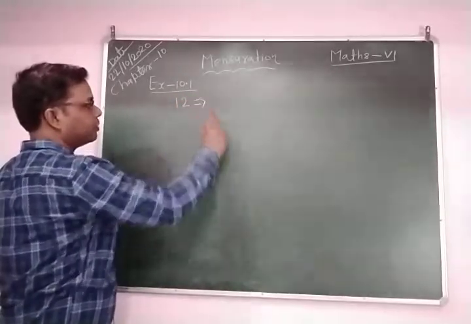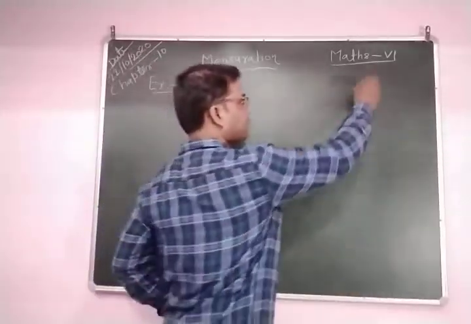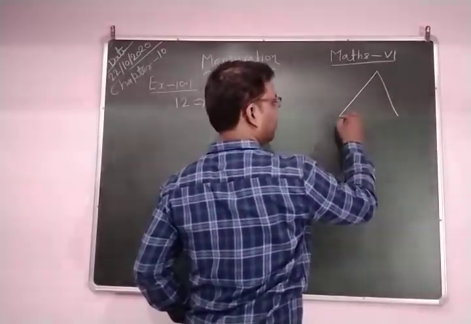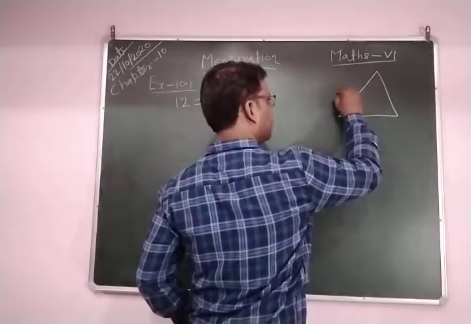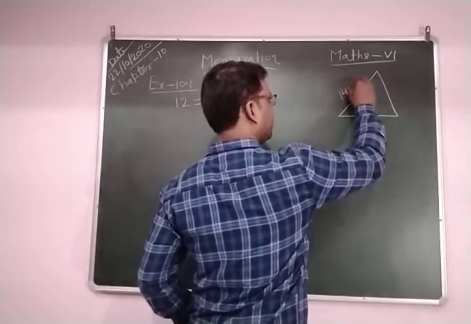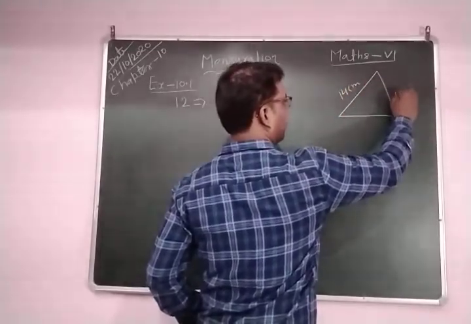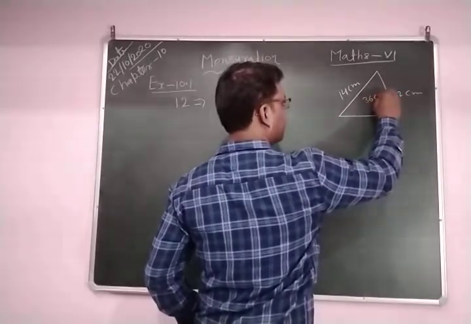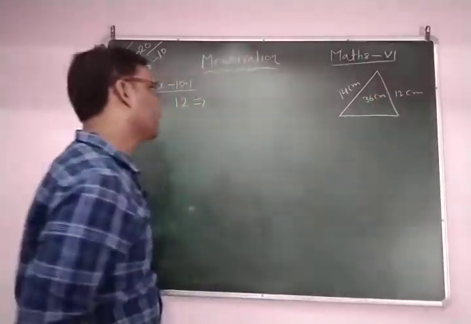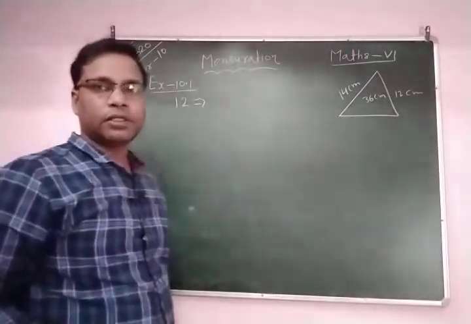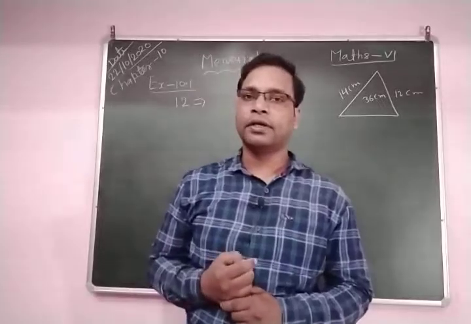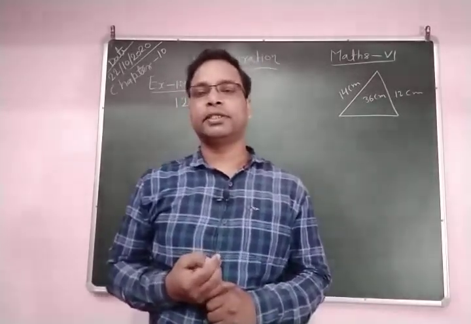In this question number 12, a triangle is given, whose sides are 14 centimeters, 12 centimeters, and the perimeter is 36 centimeters. Students, you know very well that triangles have three sides, three angles, three vertices.